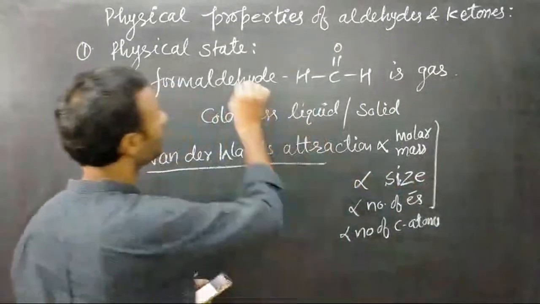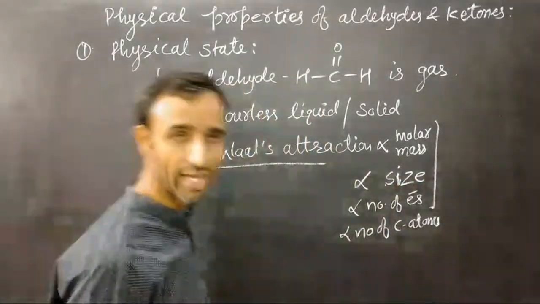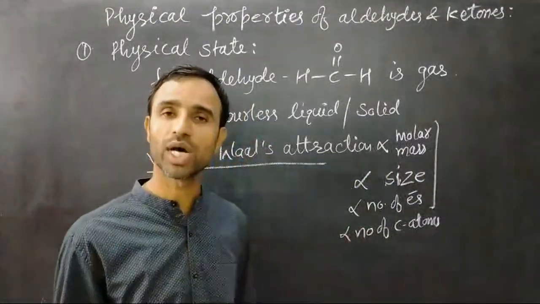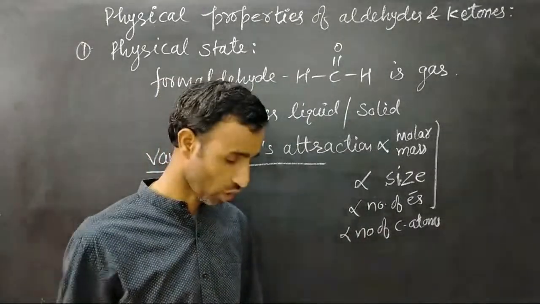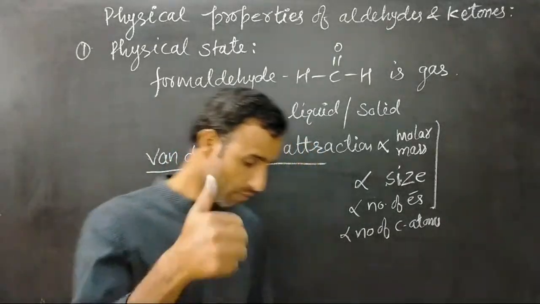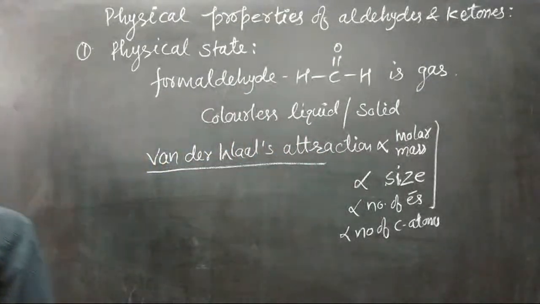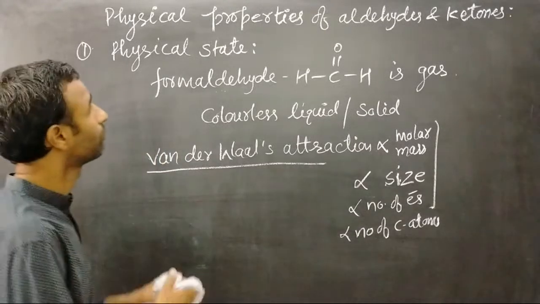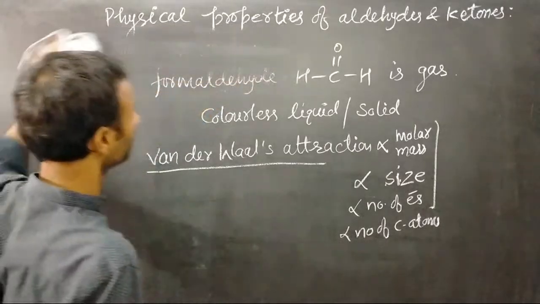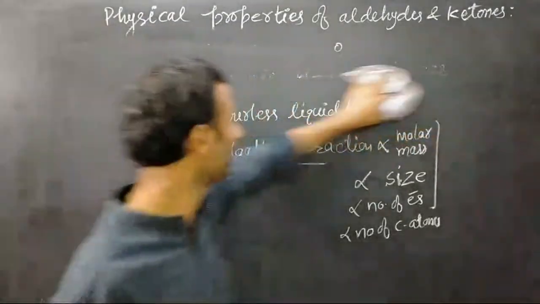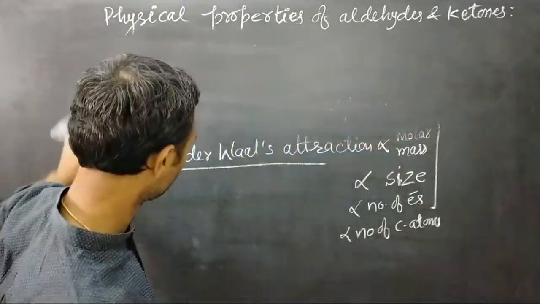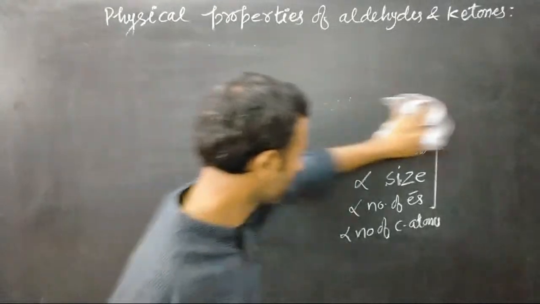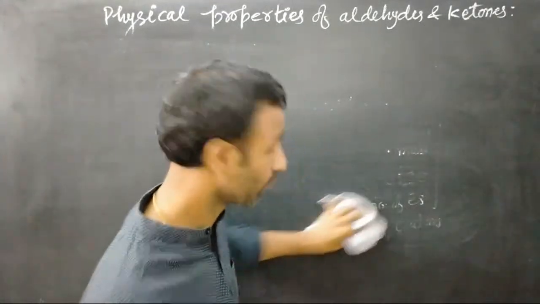That's why lower member is gas and higher members, heavier members are liquids and solids. Okay, good beta. So now this is the first point. It means they are colorless, liquid or solid depending upon the number of alkyl groups, size, as well as number of electrons, number of carbon atoms.